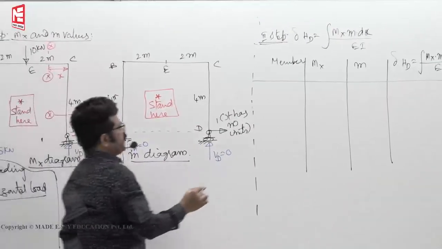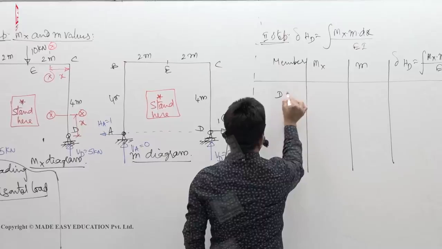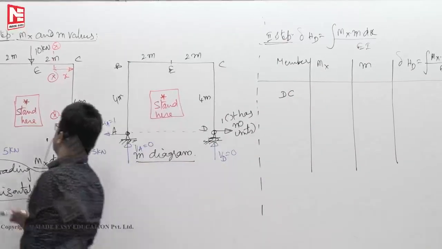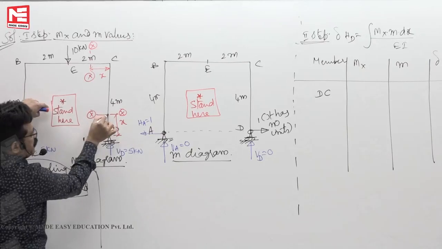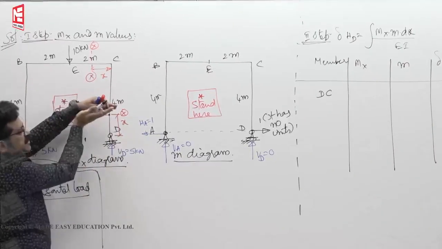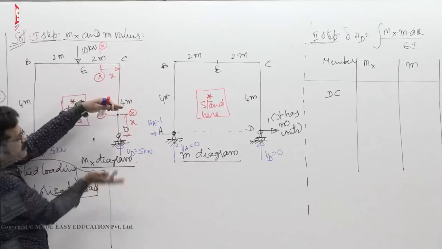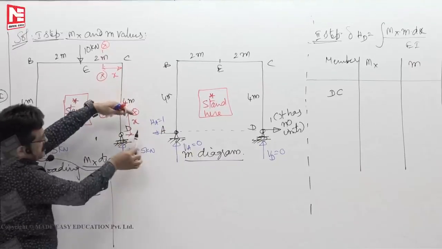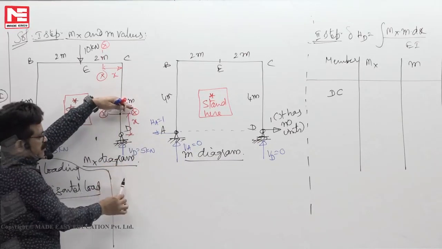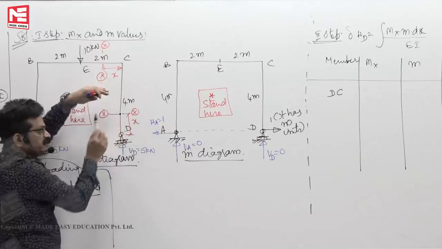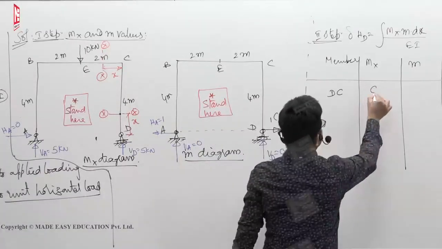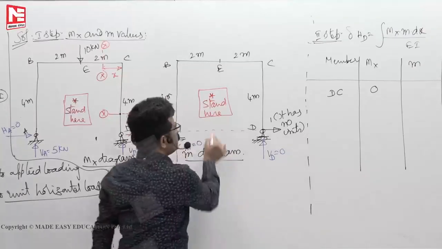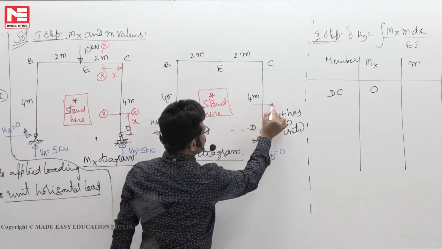The DC member we will take first. Go inside the frame, stand on the dot. Section right side, how many forces are there? Only one, 5, but that 5 is passing through the dot. So the bending moment is 0. So mx is 0.